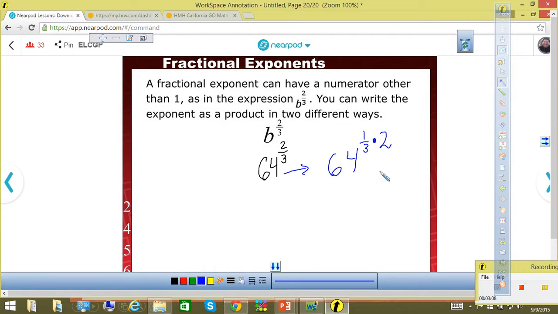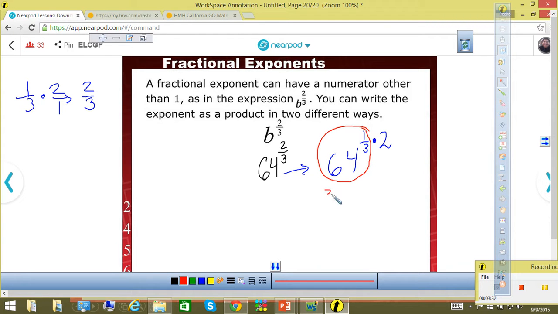Is that correct? Because 2 times 1/3 becomes 2/3 power of 64. If you don't see it, here it goes. 1/3 times 2 is the same as 1/3 times 2 over 1, which is 2/3.